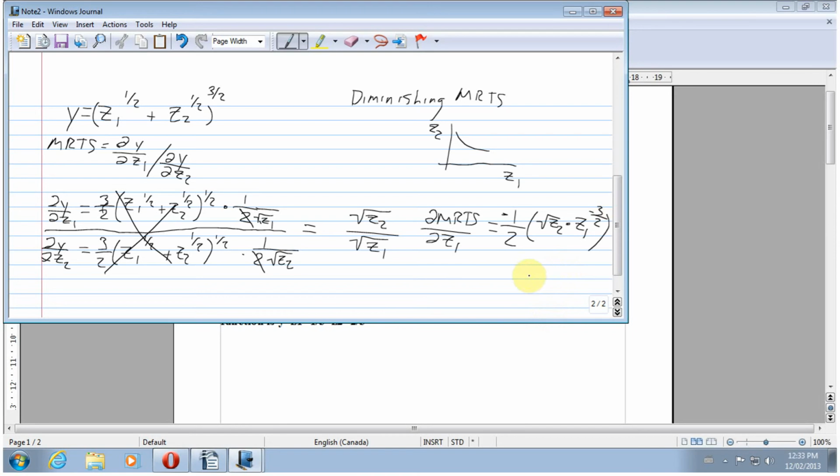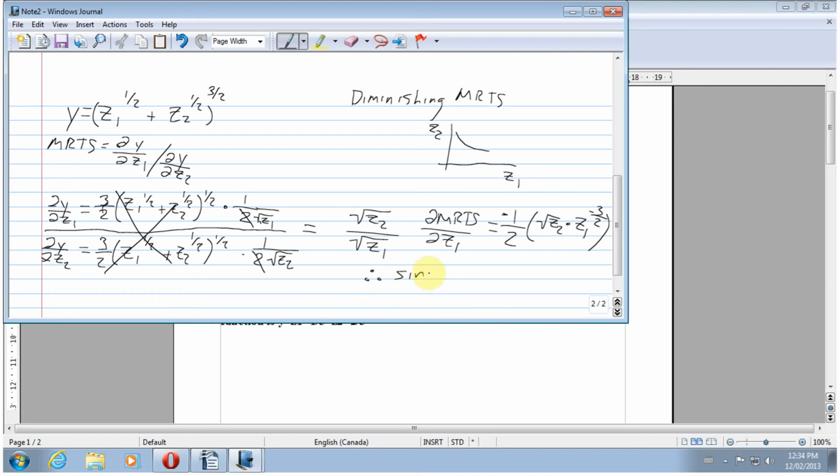Okay, which is less than 0, so as we increase z1, MRTS decreases, right? So exactly what I was saying we were trying to show, that when we increase z1, the slope of this isoquant decreases.